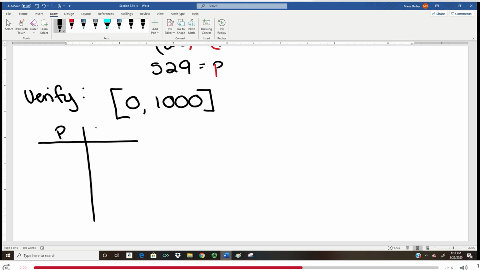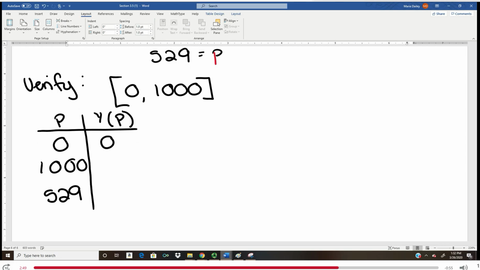Now remember the first derivative test, we plug in our endpoints of 0 and 1,000. We also plug in our critical point of 529. To use the first derivative test, we plug these values into the sustainable yield function. All right, so at 0, the sustainable yield is 0.